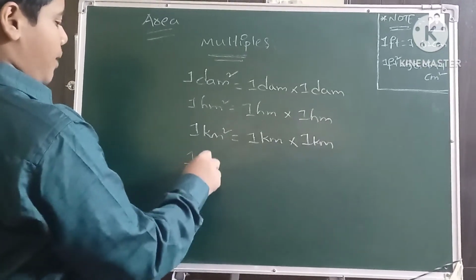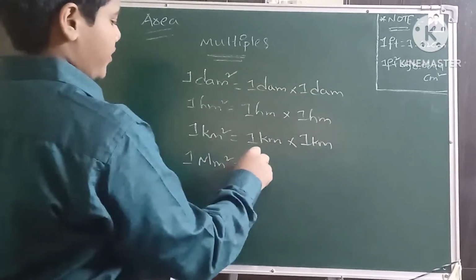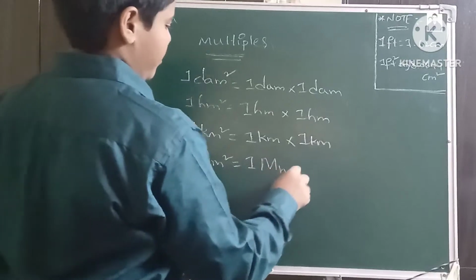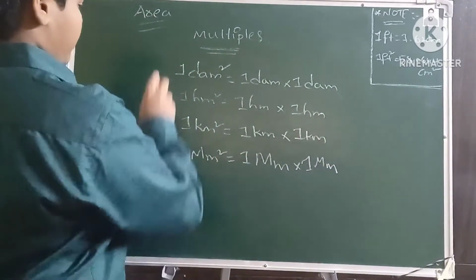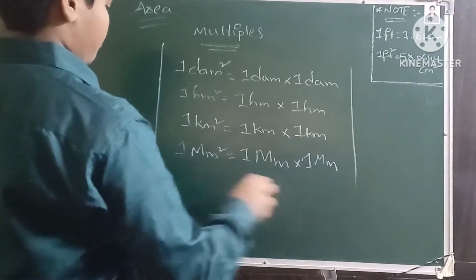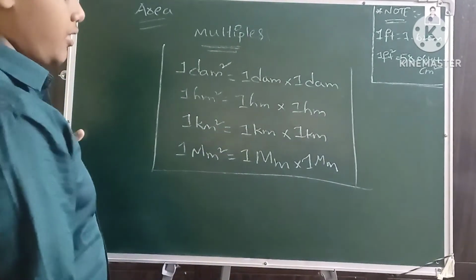And 1 megameter square is equal to 1 megameter into 1 megameter. This is enough for multiples. Note down.